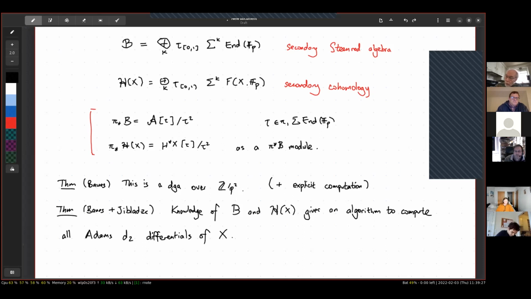Previously, we had an algorithm that computes the E2 page, which has been known for a very long time, and we use this algorithm as the basis of most things we do with the spectral sequence. And now they say there's an algorithm that just computes all d2s.